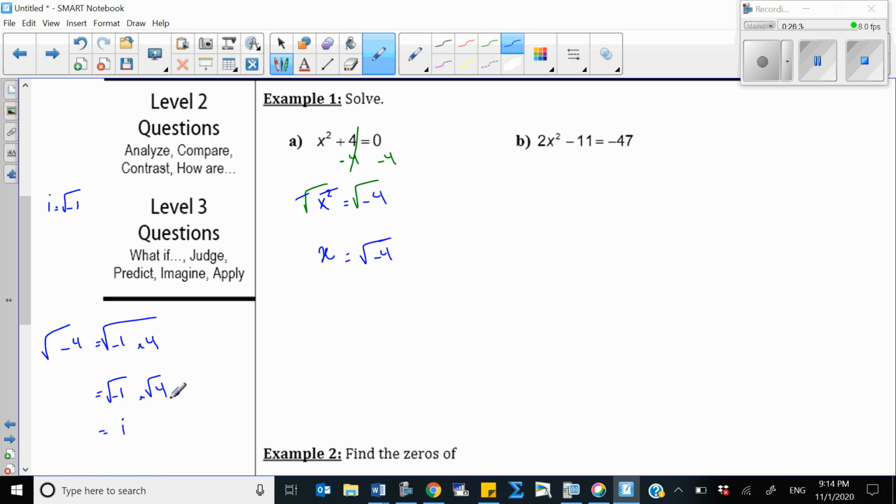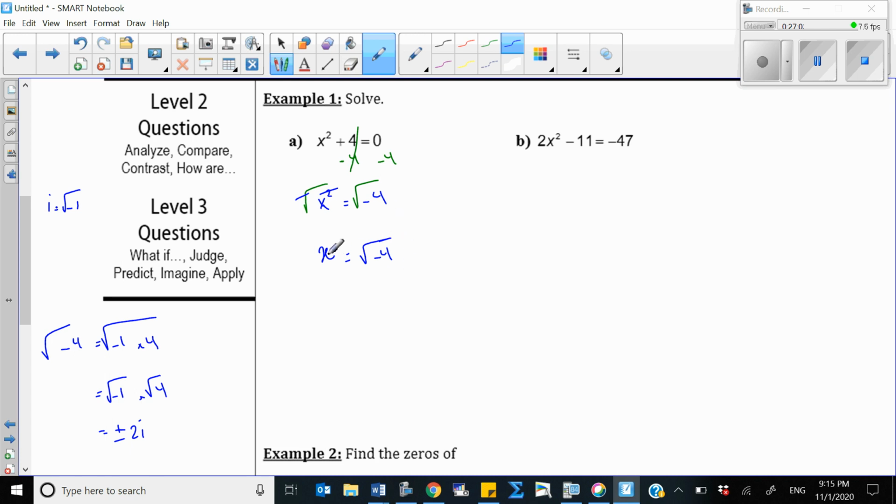Now, what is the square root of 4? That's plus and minus 2. Let's write the 2 in front of i. So instead of writing plus and minus i2, I write plus and minus 2i, because we're used to writing the numbers in front of the letters.